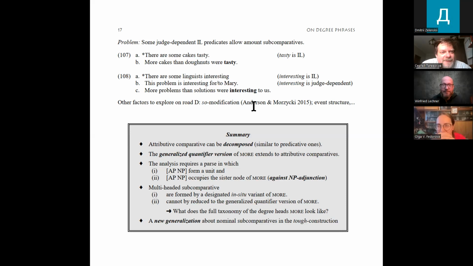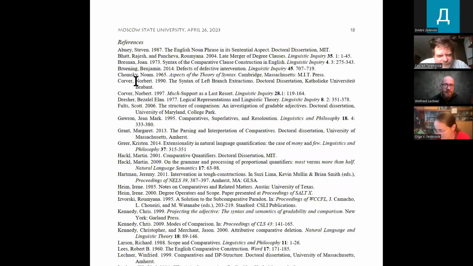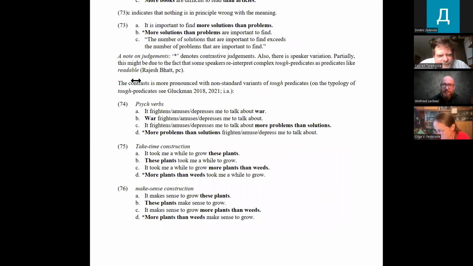Dima, are you there? Yeah, just a short one. For examples like 74 to 76D, what if we strand the than group? If we say something like "more plants took me a while to grow than weeds", does it make it more or less acceptable?